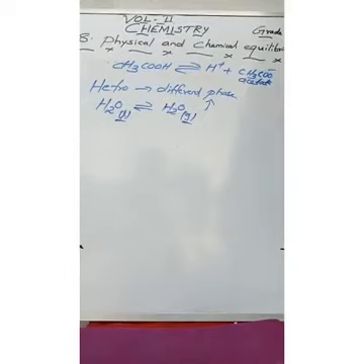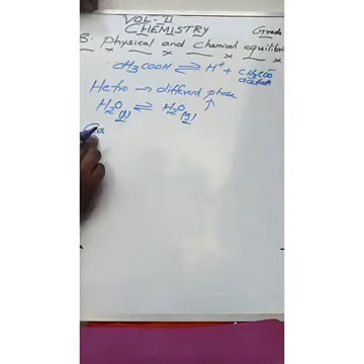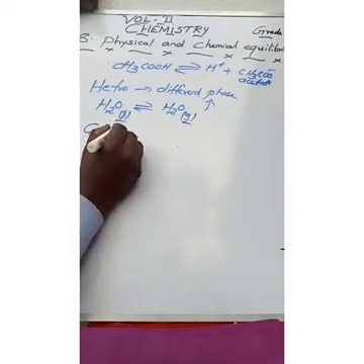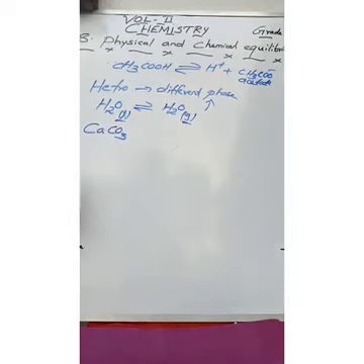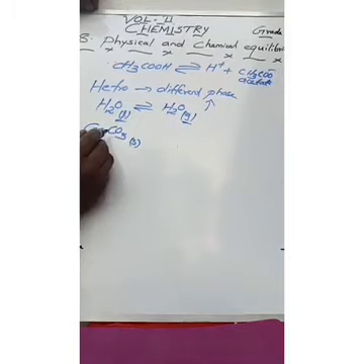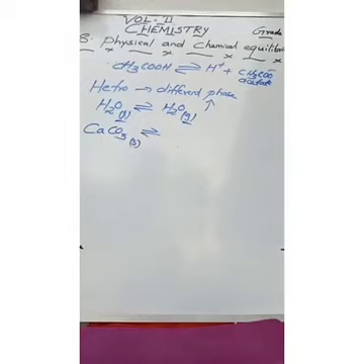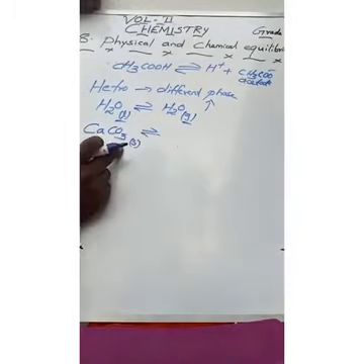Next, I am taking one more example, calcium carbonate. What is the formula for calcium carbonate? Calcium, all of you know, is Ca. Calcium carbonate is CaCO3. Which elements are present in calcium carbonate? Calcium, carbon and oxygen, so 3 elements. This is in solid state. Don't forget that calcium carbonate is a solid.